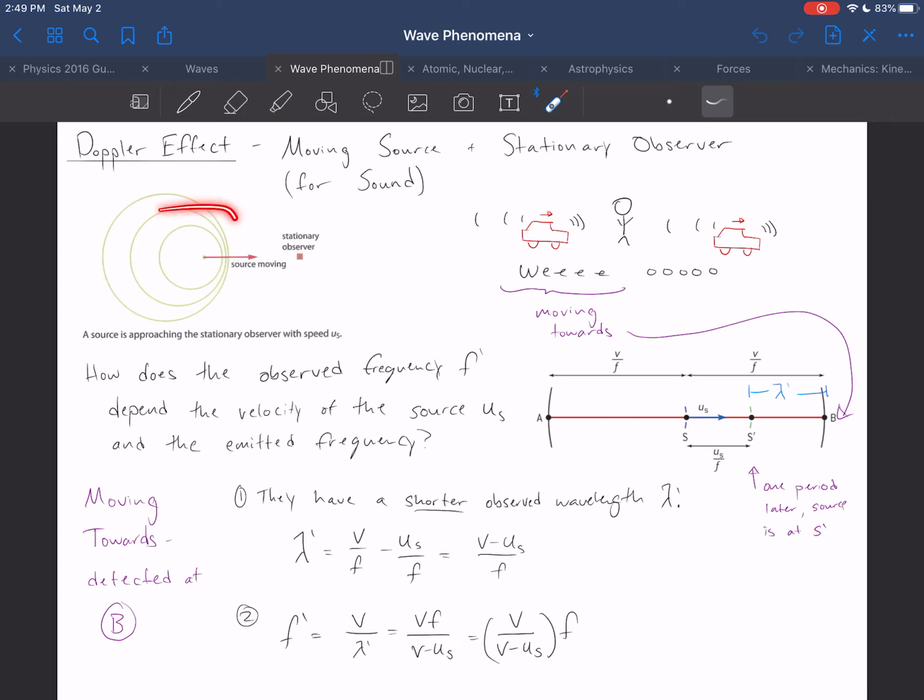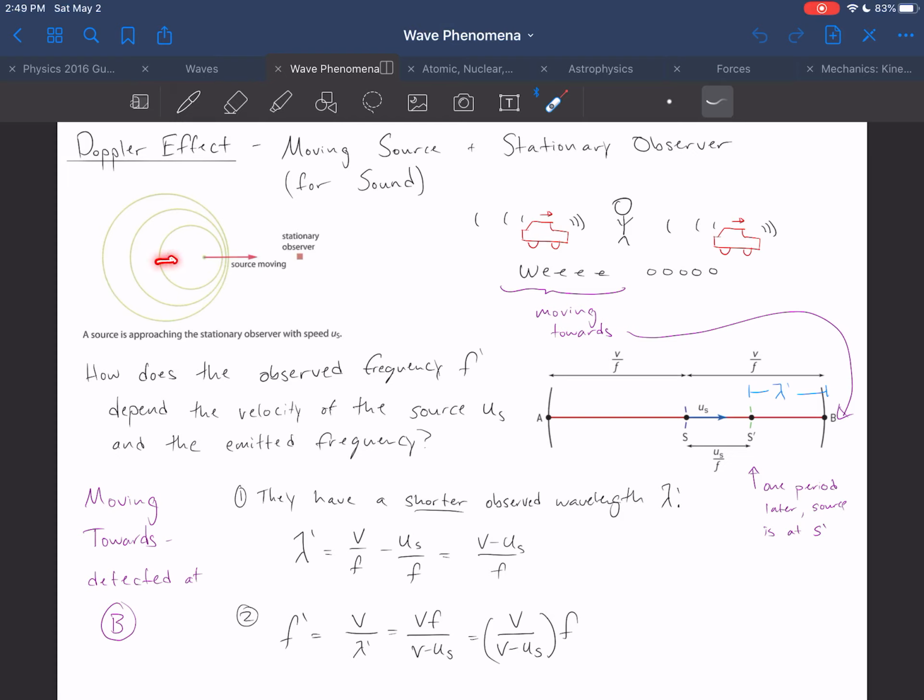But as you can see here, the key element of what is going on is that the center of each successive wave, so the center of each wavefront, is going to be where the source is at every point. Now, where the source was when the first wavefront emitted was around right here, and you can see that it's sort of equidistant from that point. So that first wavefront is right there.